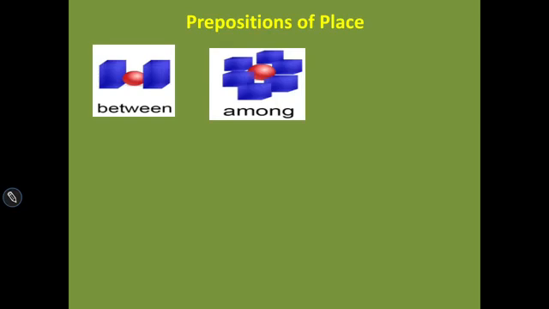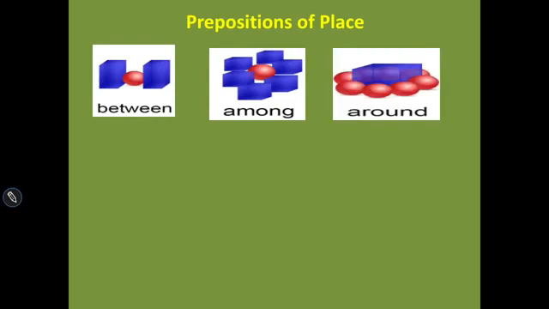Here it is used between. But in the next picture, you will see that the ball is surrounded by many balls. So we will use among here. When the position of a thing is between the 2 things, the word between is used. But when it is surrounded by more than 2 things, then among is used.